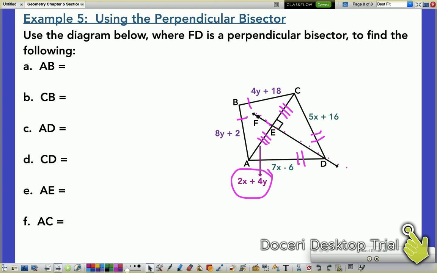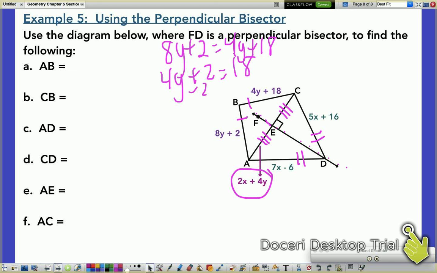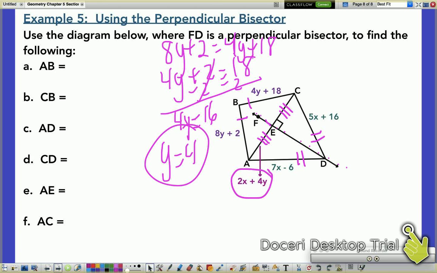So first of all, let's find y. 8y plus 2 equals 4y plus 18. So subtract 4y and minus 2. 4y equals 16. y is 4. Boy, that's some crappy handwriting I have with this thing.